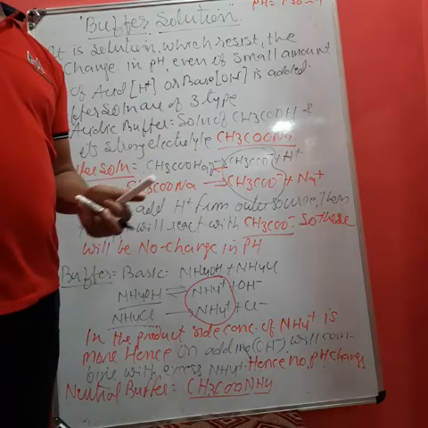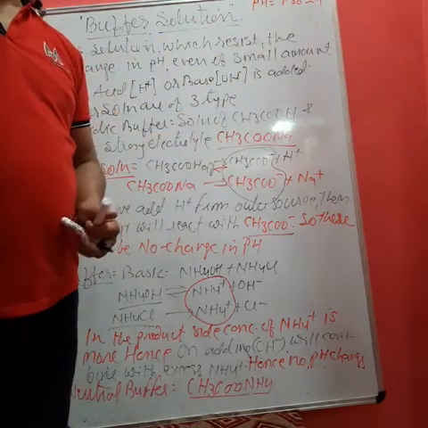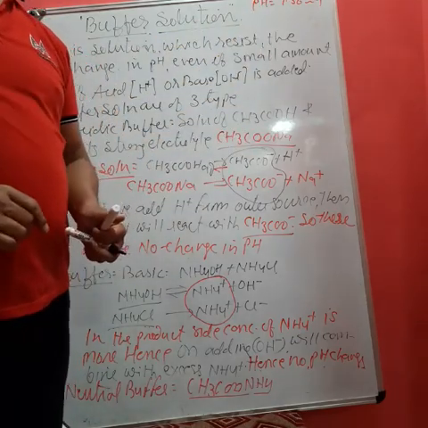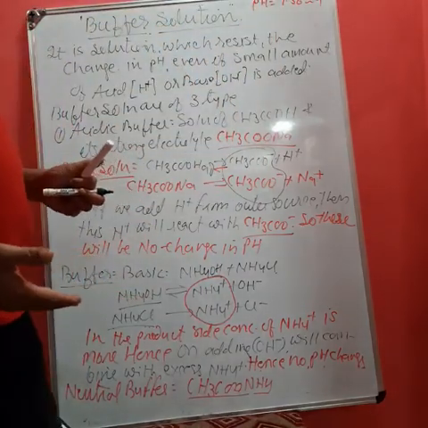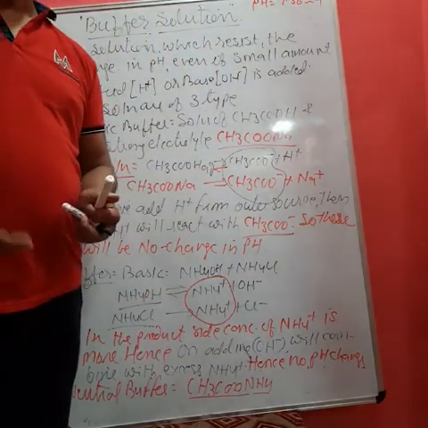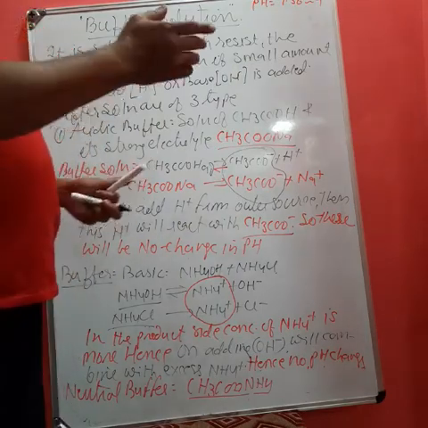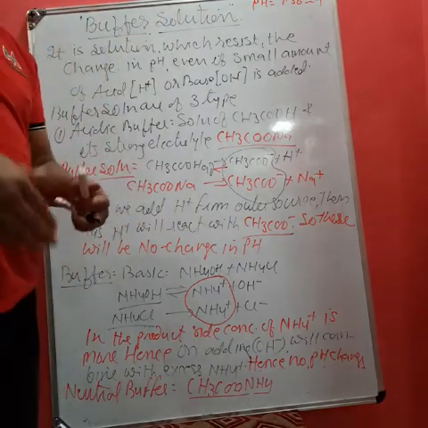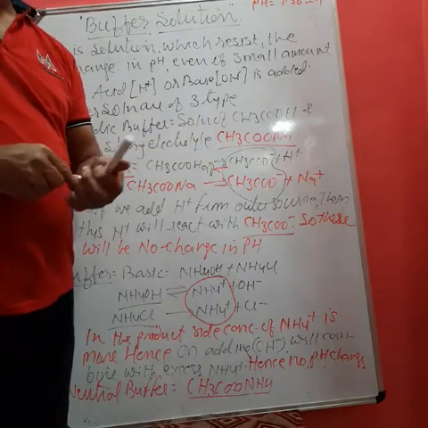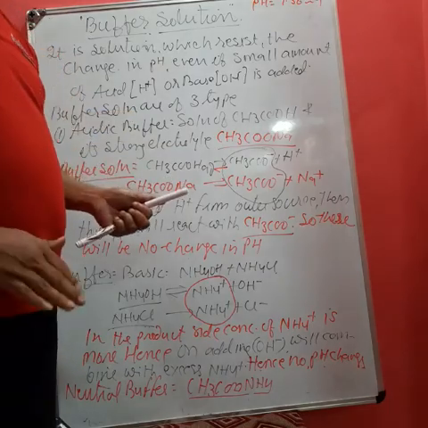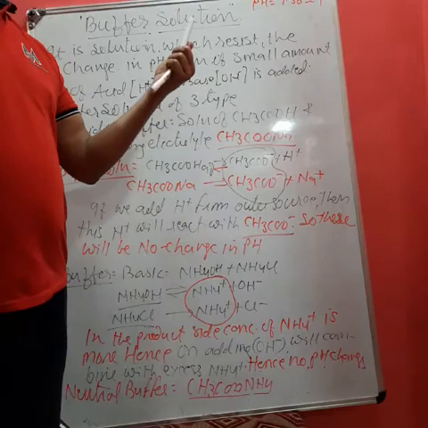If it is added to the blood, it can increase or decrease the pH of the blood, and if the pH of the blood changes, it can cause many disorders. But due to the buffer nature of our blood, its pH remains maintained. That is, there is no change in the pH and we remain healthy. So these are the applications of buffer solution.